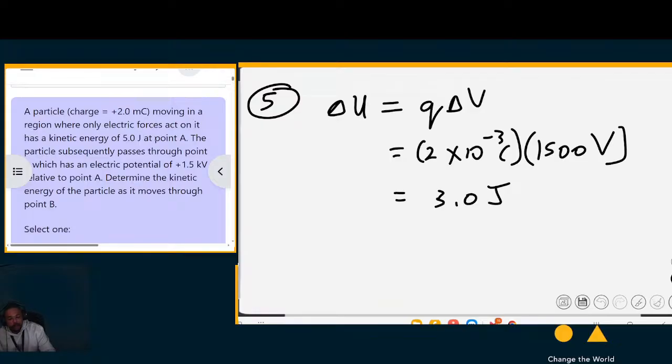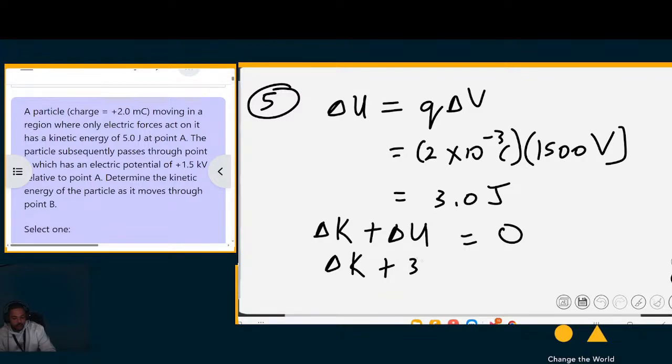Now, if we apply the law of energy conservation, we know that the change in the kinetic energy plus the change in the potential energy should be equal to 0. That is the conservation of energy. Therefore, delta K plus 3 joules should be equal to 0.